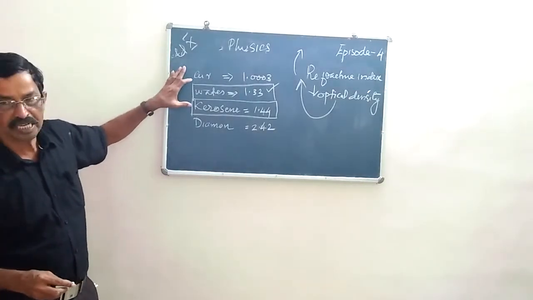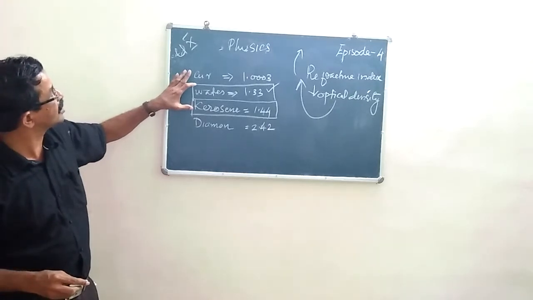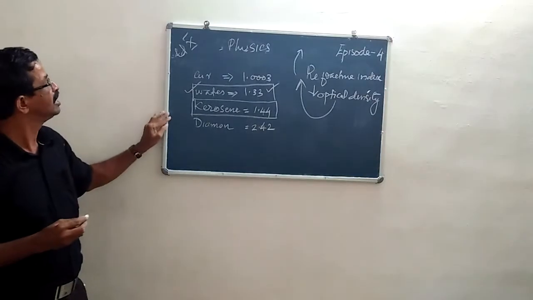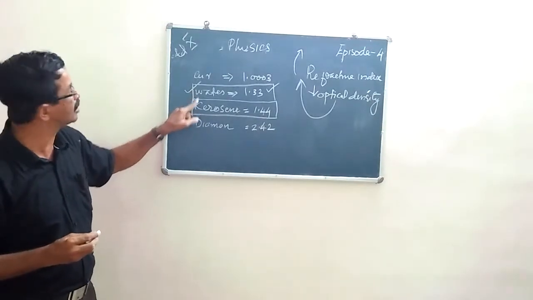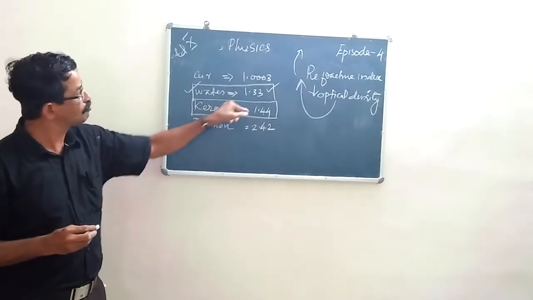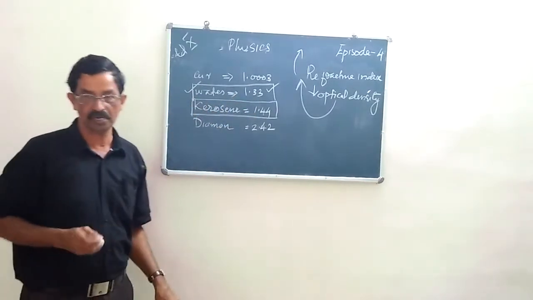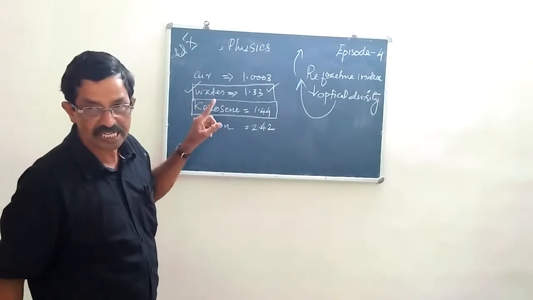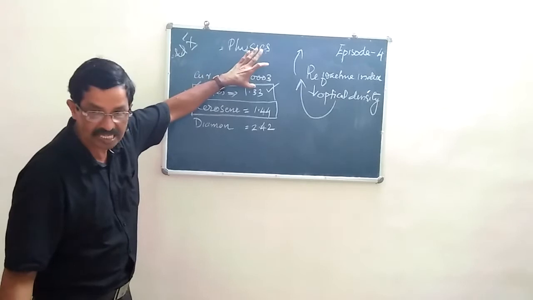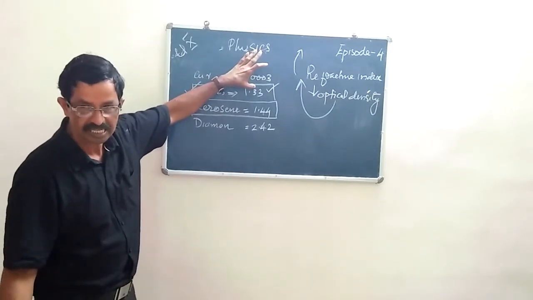Among these, mass density of water is more than that of kerosene. But optical density or refractive index does not depend on mass density. That means mass density of water is more, but optical density is less, or refractive index is less.